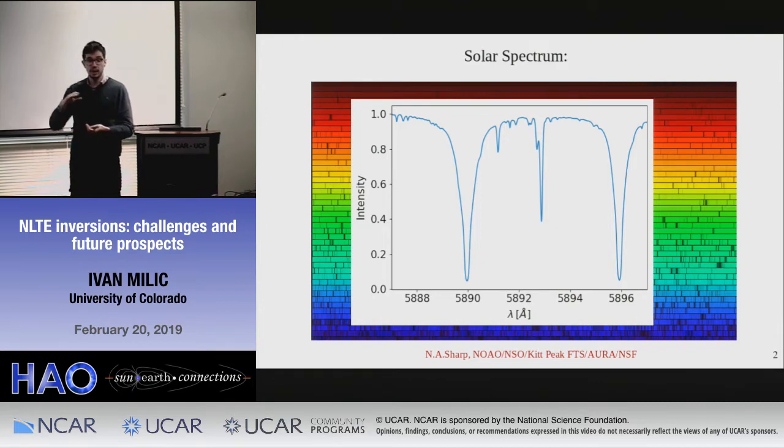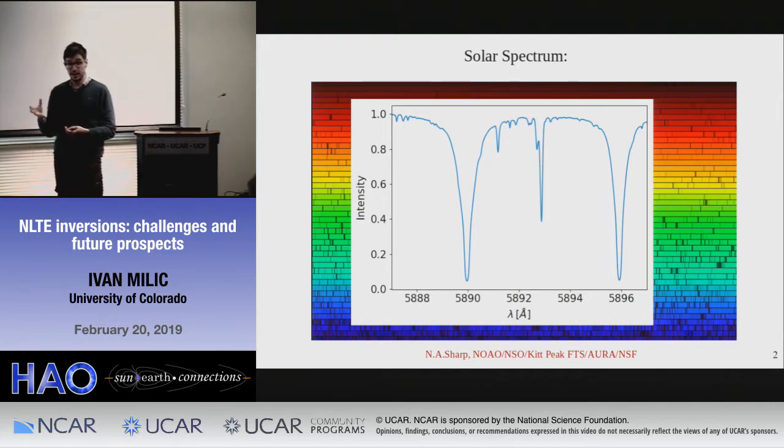And in principle, the line core will always be formed somewhere, and it will give us information about that layer of the atmosphere. And if the line is in LTE, it will never be so strong. However, in scattering-dominated lines, the photons escape outside of the solar atmosphere. And for some reason, the emission in these lines is much, much lower. And then we see lines which are so deep, like this.